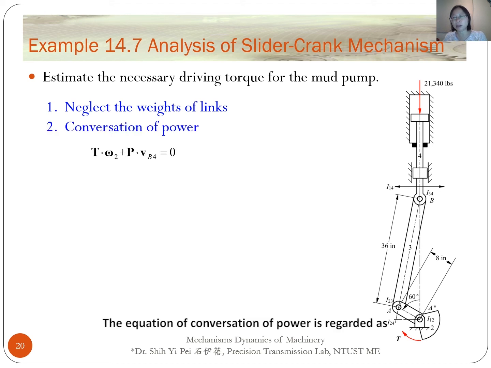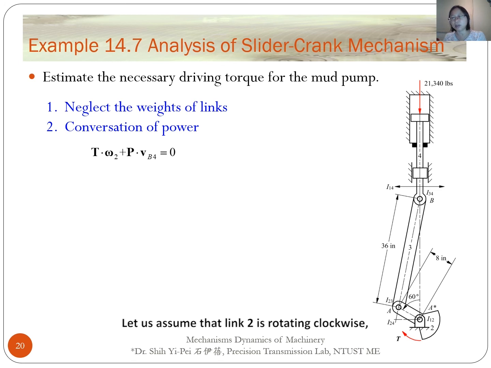The equation of conservation of power is that the sum of the inner product of torque T and the angular velocity omega 2 and the inner product of force P and the velocity of point B on link 4 is 0.